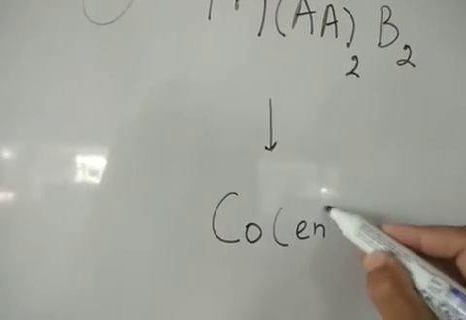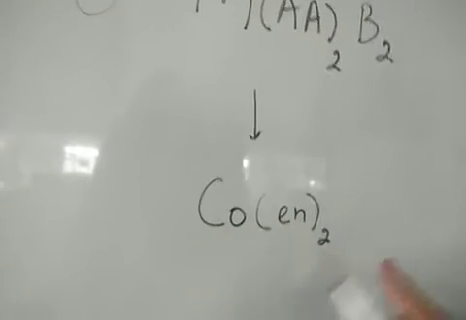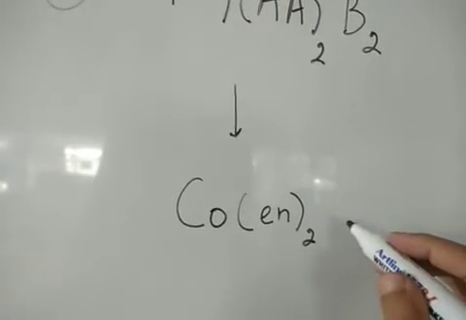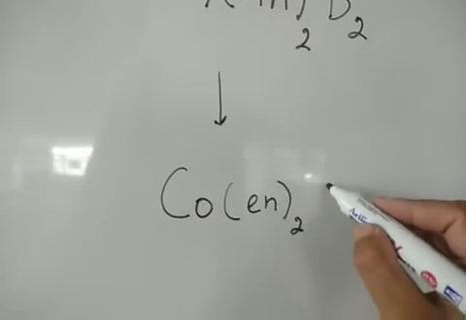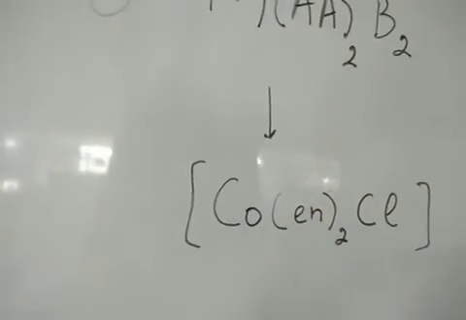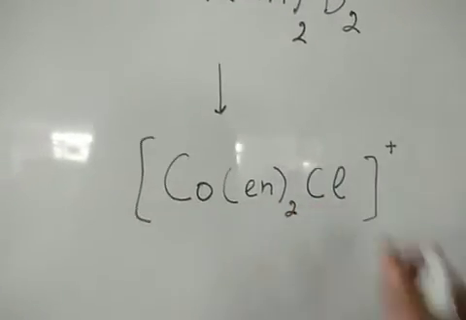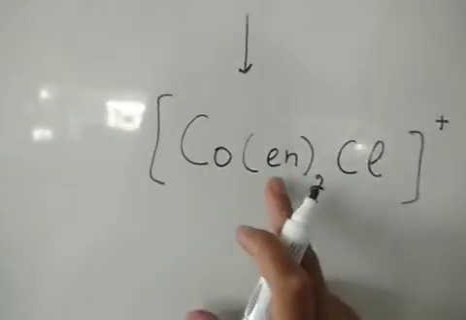Then we have a bidentate ligand en, that is ethylene diamine, and then we have 2 chloride ions. This is a complex ion that is charged +2. This is the cobalt complex. So this is ethylene diamine.